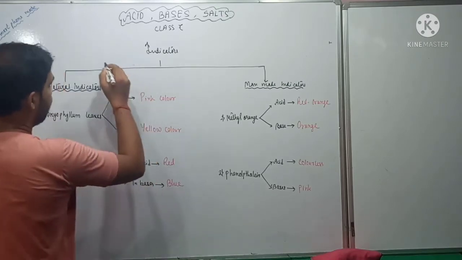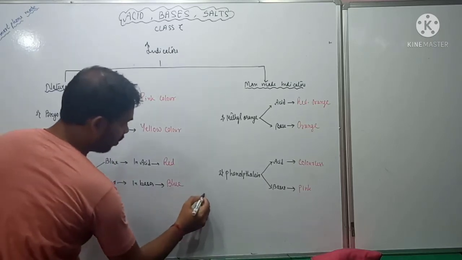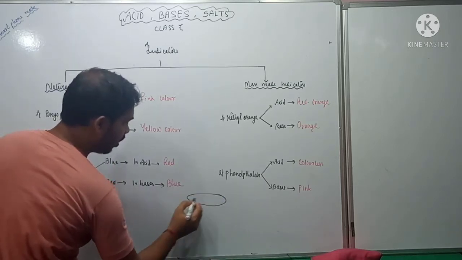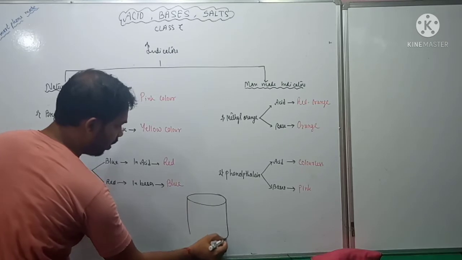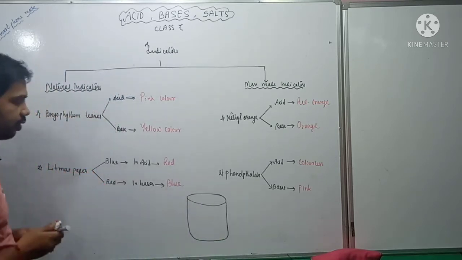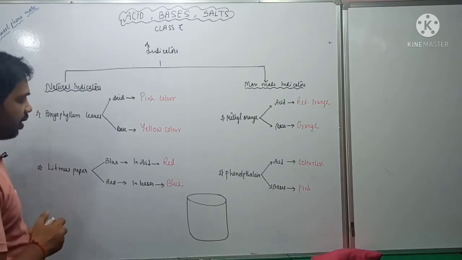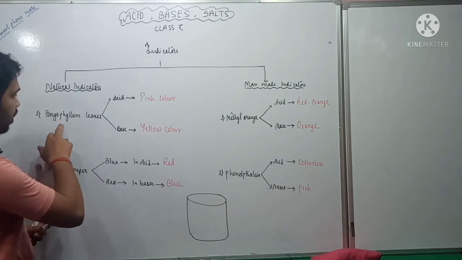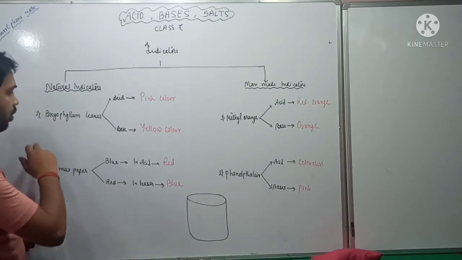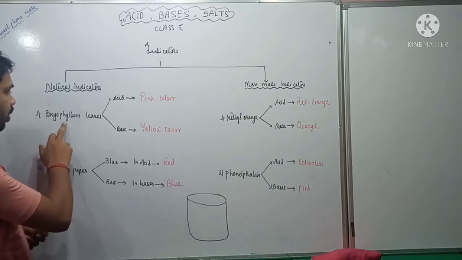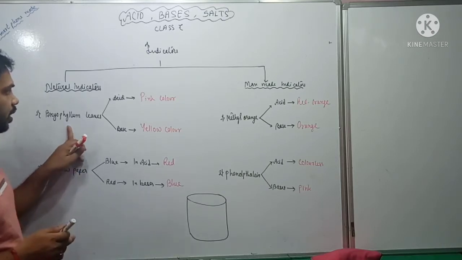Just take, this is a beaker, and here is some solution. So how will we find out whether it is acid, base or salt? First we have to extract the water soluble solution of bryophyllum leaves.